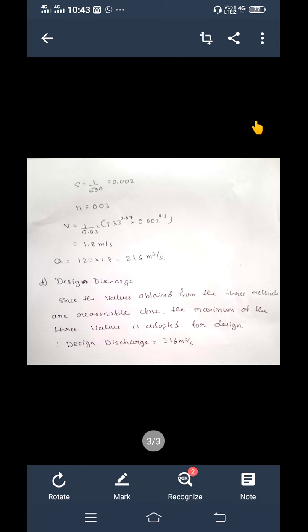So we have calculated the discharges with all these three methods, and we'll have to find the design discharge. We check which one gives the maximum discharge, and that we consider for the design discharge.